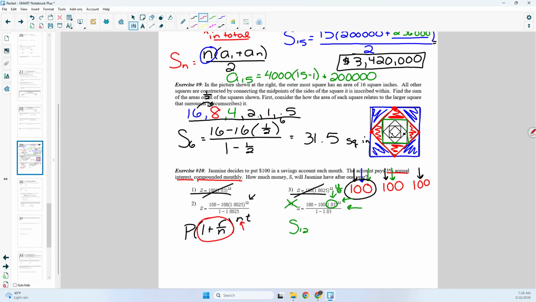This number is just reminding me that if I'm compounding, I get the interest more often. So if I do 1 plus 0.03, which is the interest rate, over 12, because we're compounding monthly, I get this number. That formula is the one that makes the most sense for this problem.